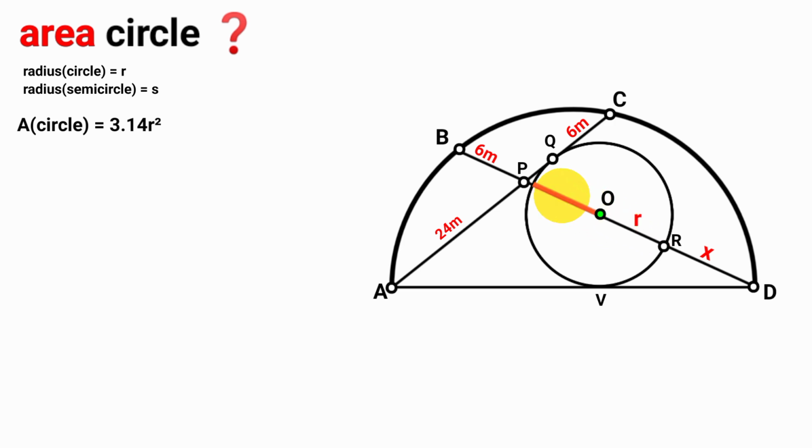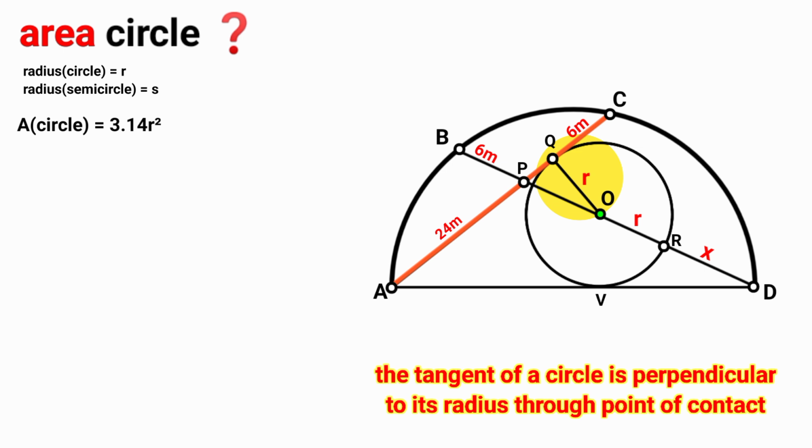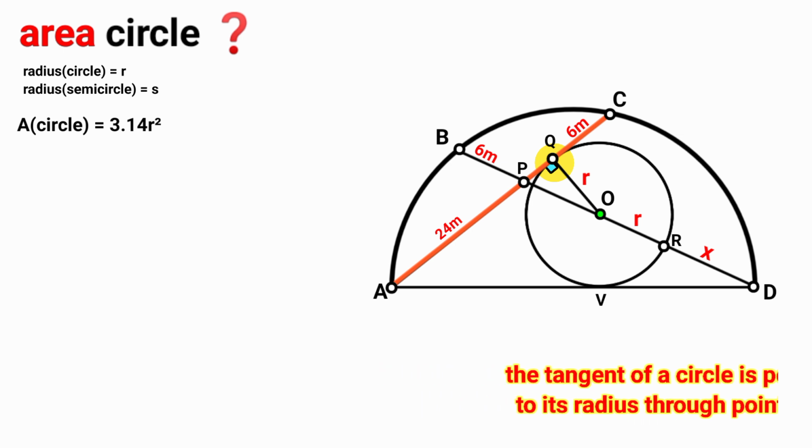It starts from the center to the circumference, so it is also a radius R. Now if you look at this line AC, it is a tangent to the circle at this point. If we draw the radius to the point of contact, from circle theory, there is a rule that the tangent of a circle is perpendicular to its radius through the point of contact. That is, this tangent here is perpendicular to the radius, so this angle is a right angle.